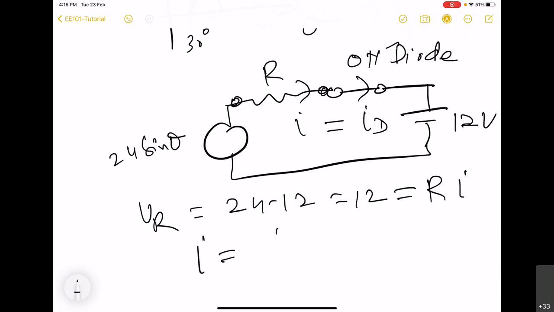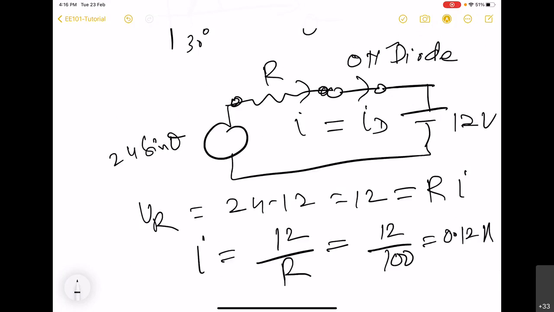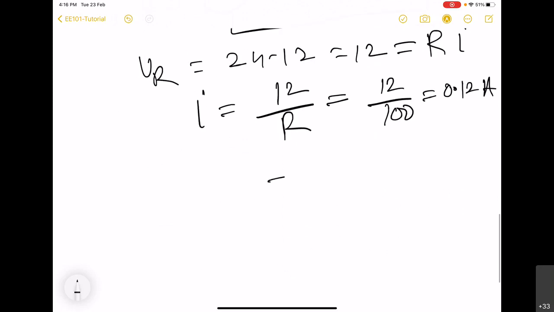So this is going to be 12 divided by R. So this is 12 divided by 100, right? So this is 0.12 ampere or 120 milliampere. So this is the maximum diode current.